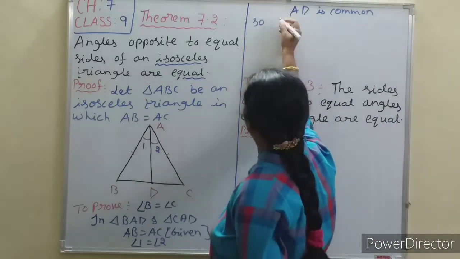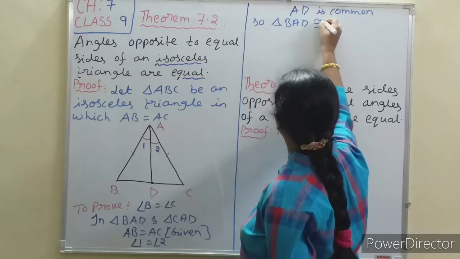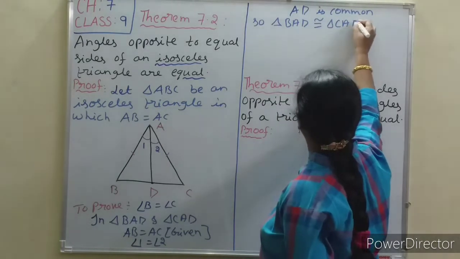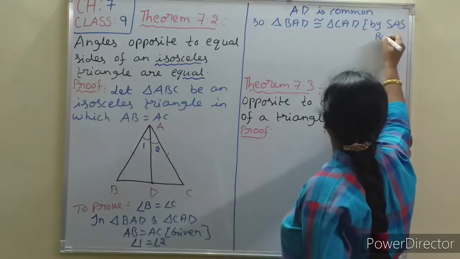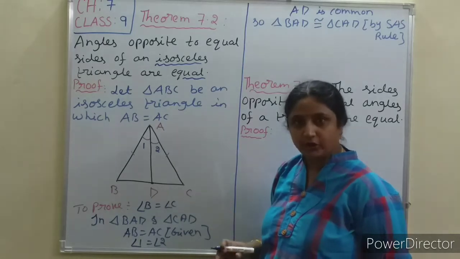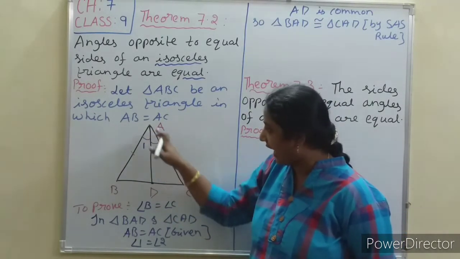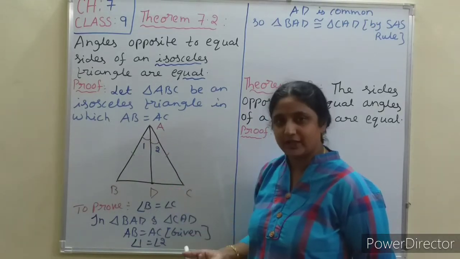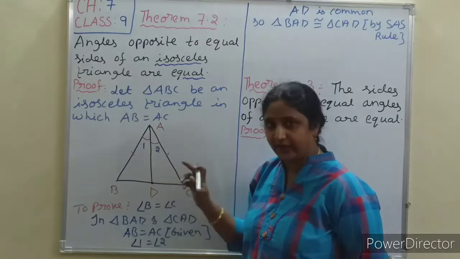So we can tell triangle BAD is congruent to triangle CAD by which rule? SAS rule, right? These two triangles are congruent to each other because these two corresponding sides and these two corresponding angles, and AD is common. So by SAS rule, these two are congruent.